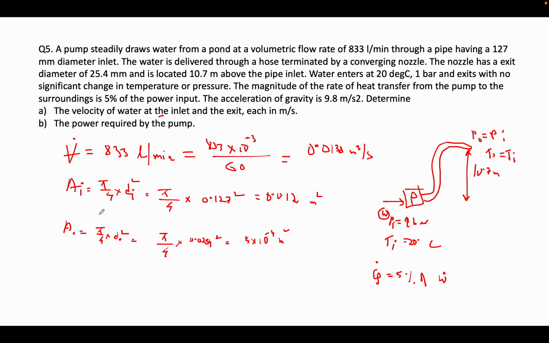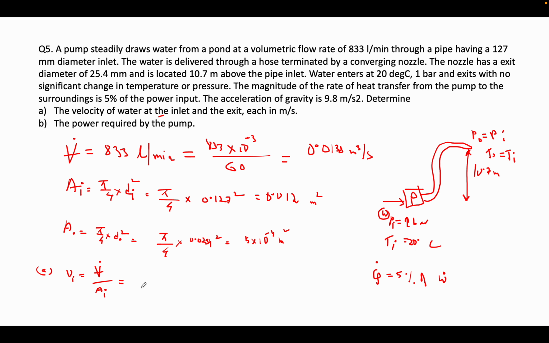Velocity of water at the inlet is very easy. First, what we require is V1 or Vi. Vi is nothing but the volume flow rate divided by Ai, because area into velocity is my volume flow rate.